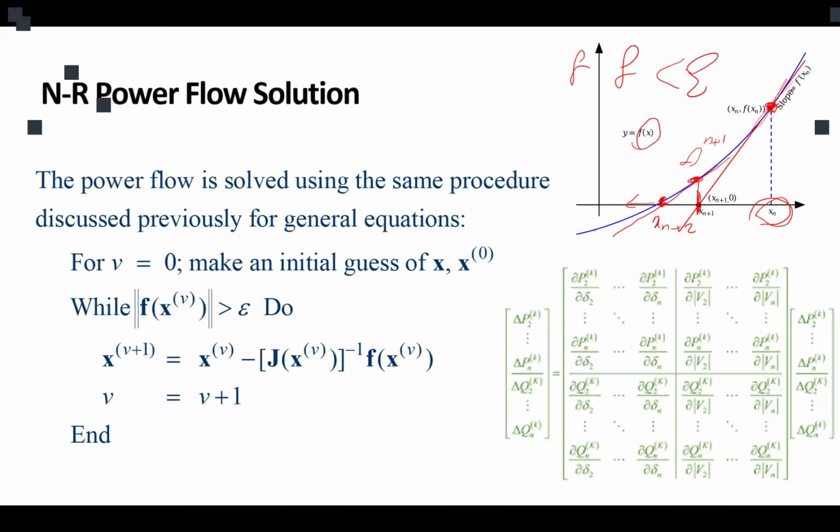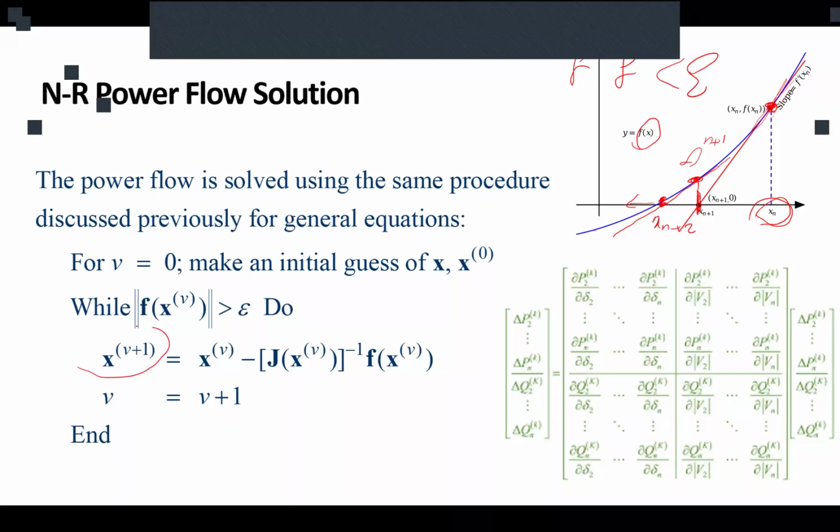Are we good? Now, matrix-wise, that x n plus 1 that I showed here is going to be the previous x minus f over f prime.